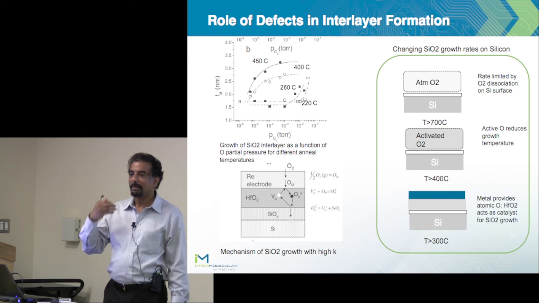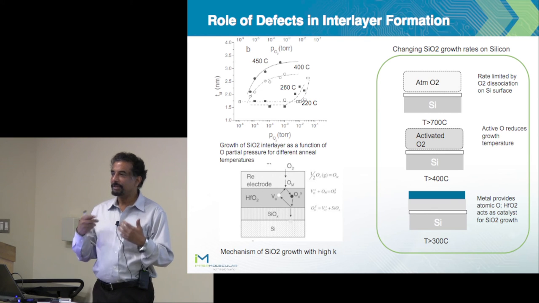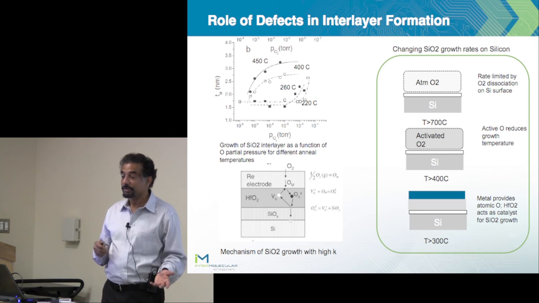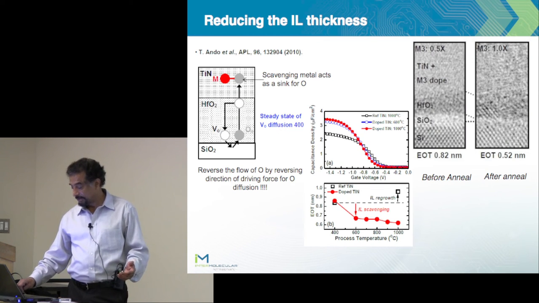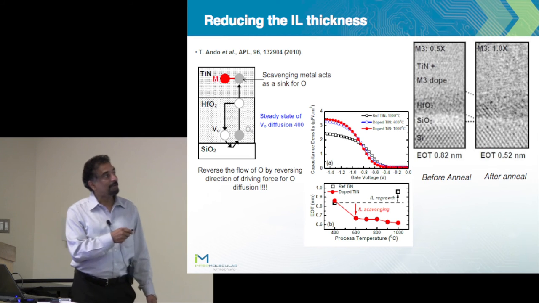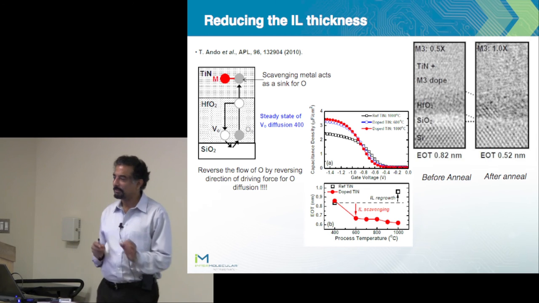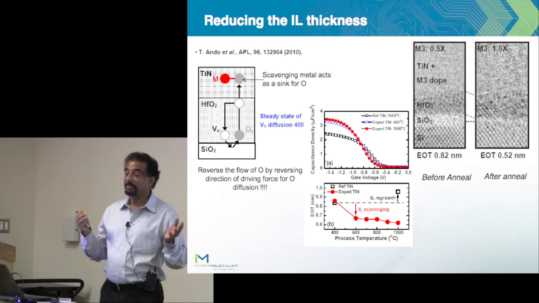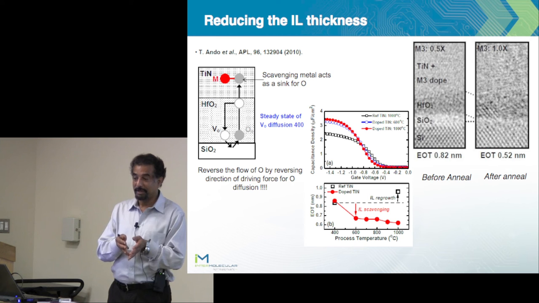That means you have to think about materials whose oxide formation energies are much lower. In other words, they are much more reactive, and they can reduce SiO2, right? So supposing now, instead of my metal being a source of oxygen, I put some scavenging metal, like aluminum or titanium, that have much lower formation energies than SiO2.